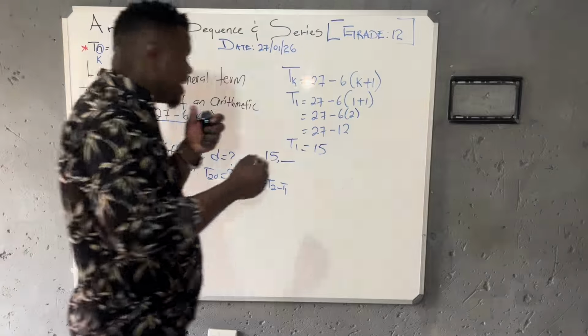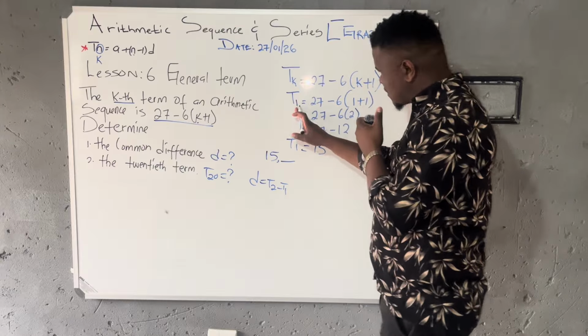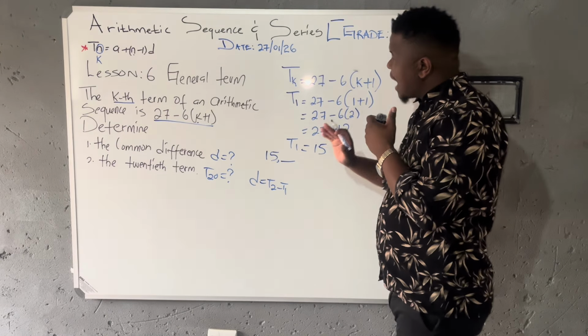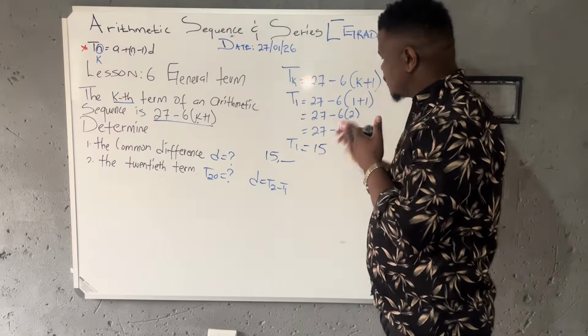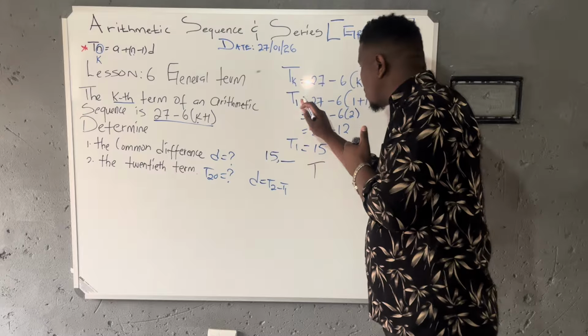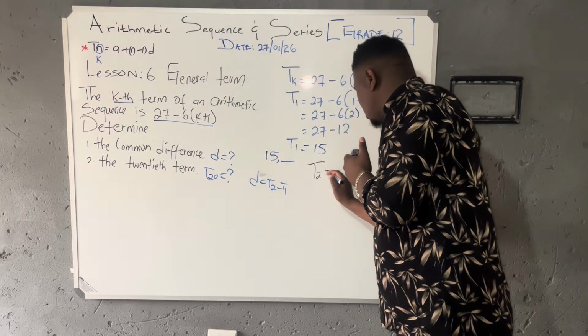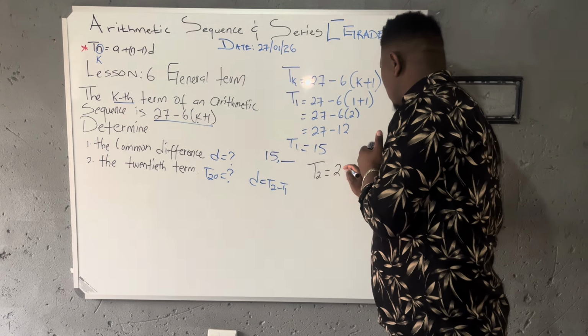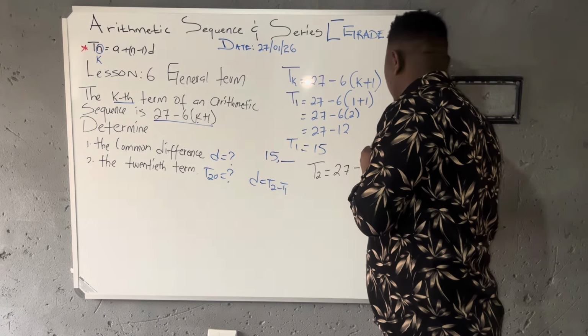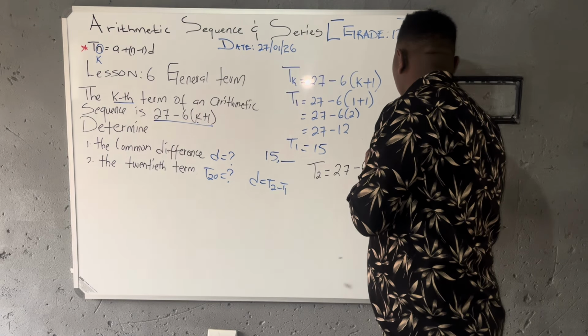I don't just find any term. I use the one for the first term. I'm going to use the same formula or equation, just now I'm looking for the second one. Where there is k, we put 2. So 27 minus 6, and then this time it is 2 plus 1.